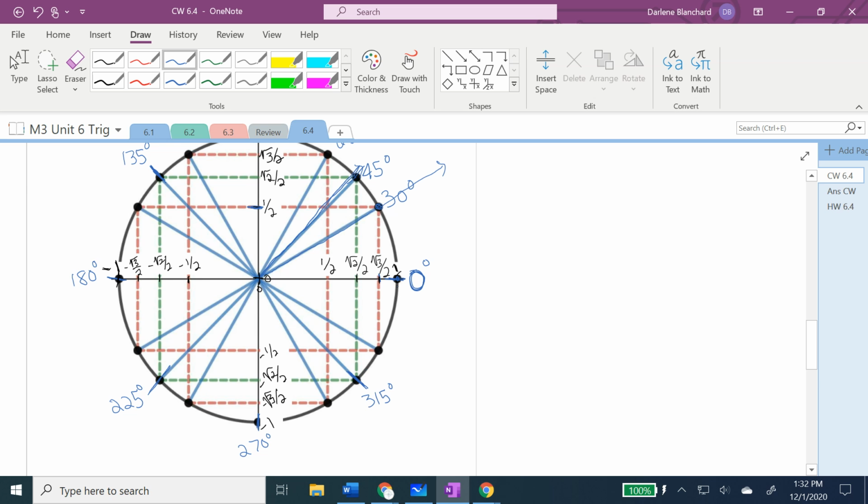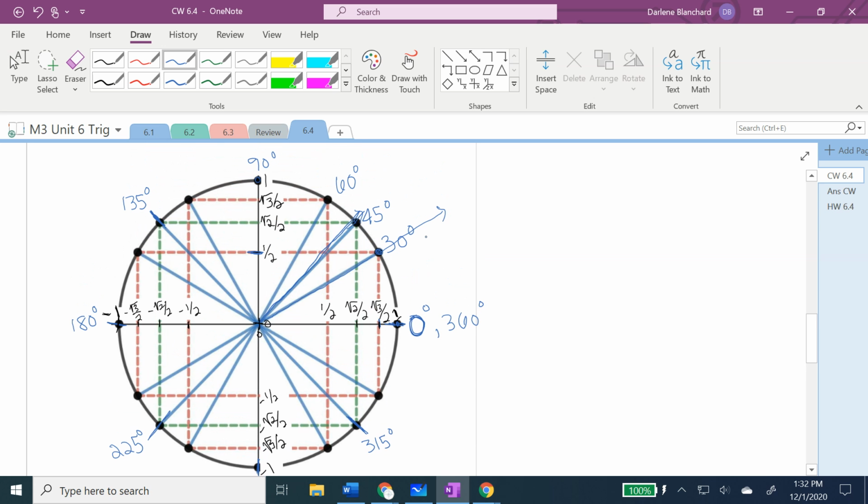And then if I add 45 degrees one more time, I find my way back to 360. And if I wanted to, I could keep going. And I could get that on my next round, it's 360 plus 45 degrees, which is 405 degrees. But we're not going to do that.